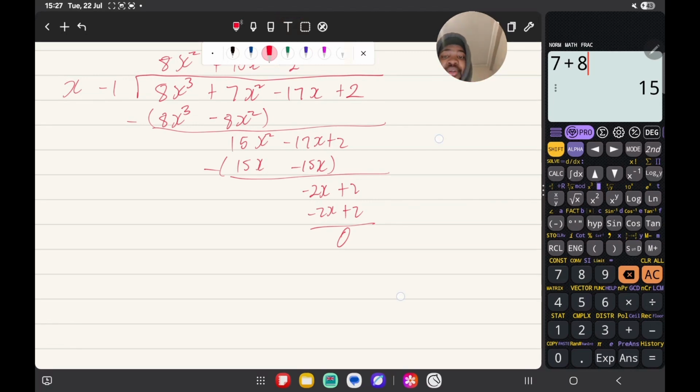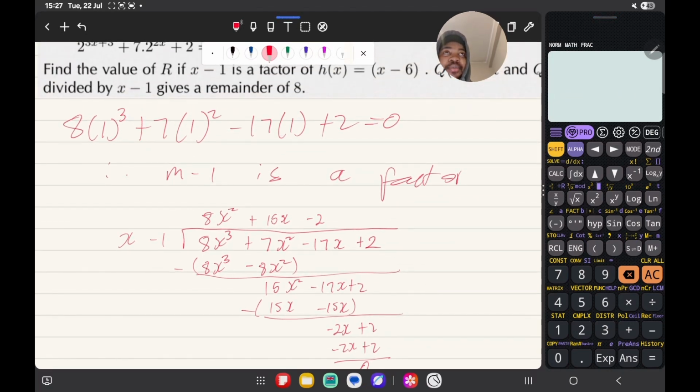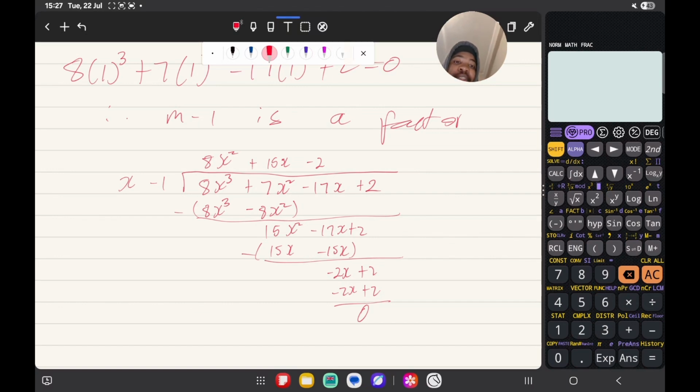So I want to say that if you find that a particular x minus something is your factor, and then you do your long division, and you don't get a remainder of 0, you made a mistake somewhere in your calculations. When we say that something is a factor of that polynomial, we are saying if we divide this polynomial by this thing we're claiming to be a factor, we are going to get 0, no remainder, right?